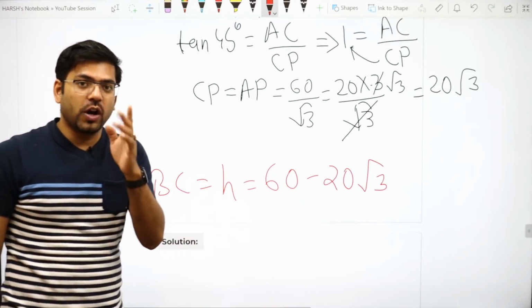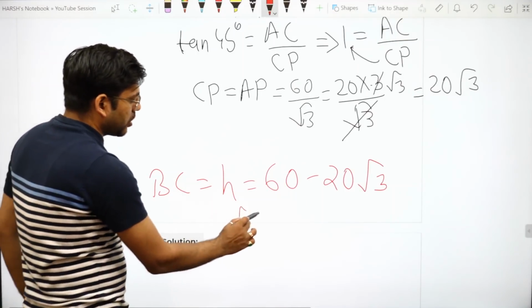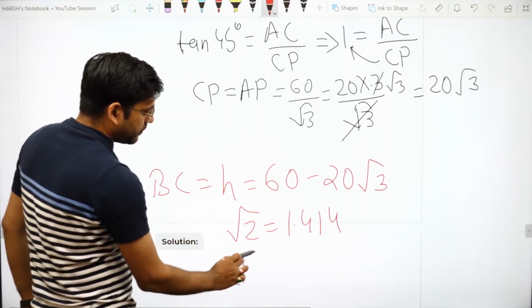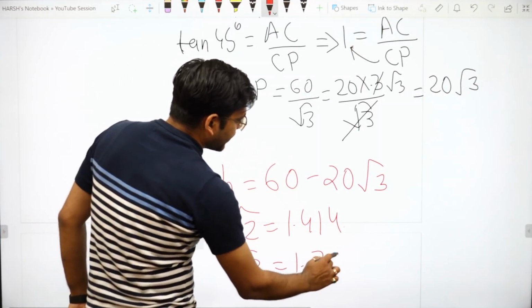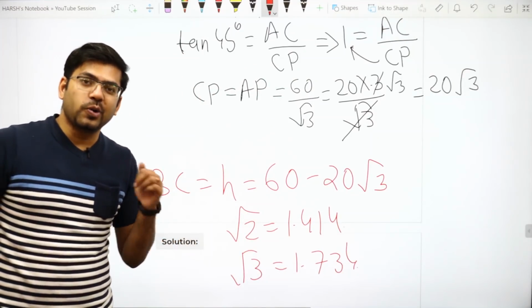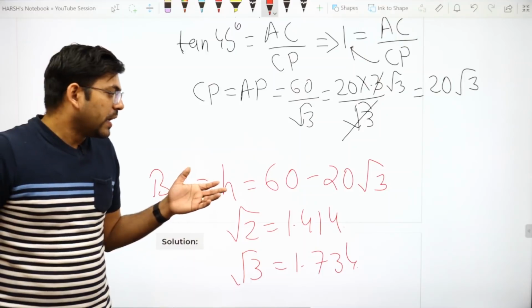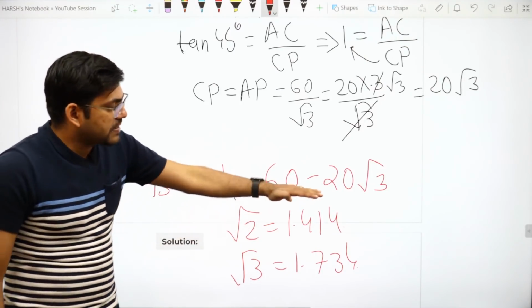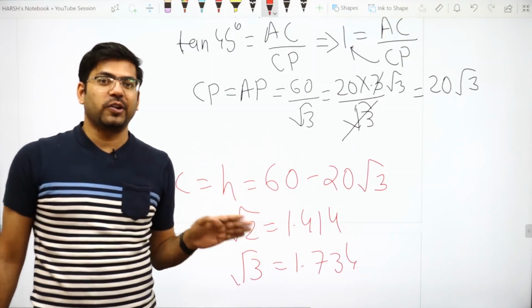Always remember two values in trigonometry: root 2, that is 1.414, and root 3, that is 1.734. If something else is required, you do not need to remember the value. That will be provided in the question paper, and if it is not provided, you can leave the answer here only. That is completely fine, not an issue.